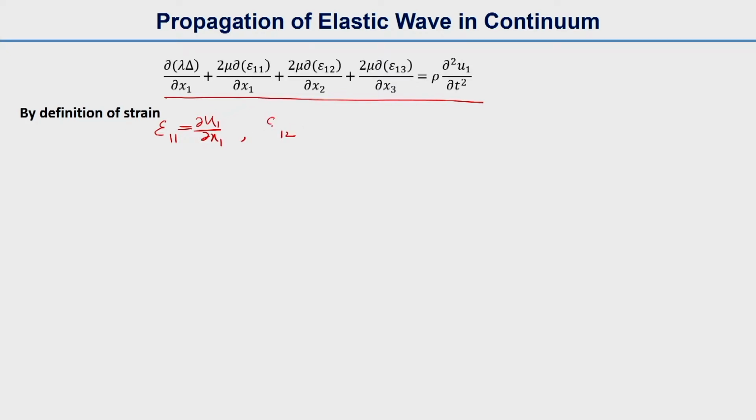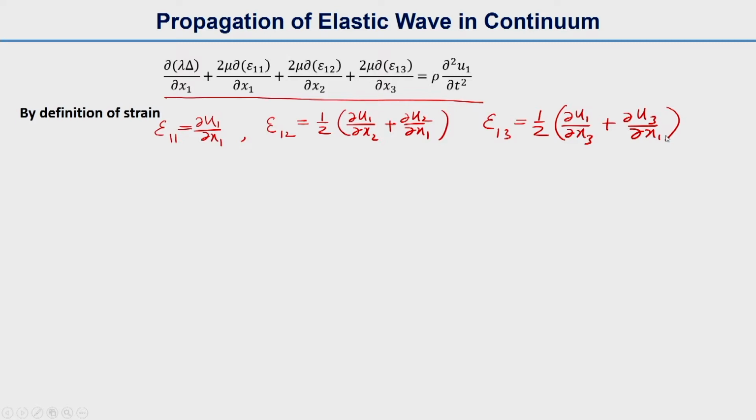Then similarly the shear strain epsilon 1 2 is half of partial of u1 with respect to x2 plus partial of u2 with respect to x1, and then epsilon 1 3, sorry, we are talking about only the x1 direction now, is half of partial of u1 with respect to x3 plus partial of u3 with respect to x1.